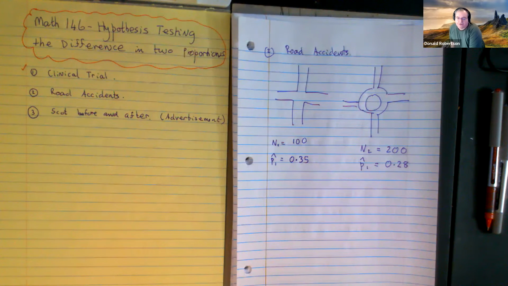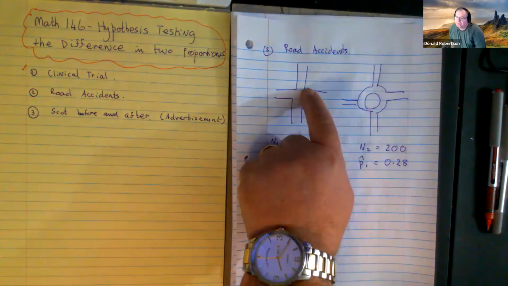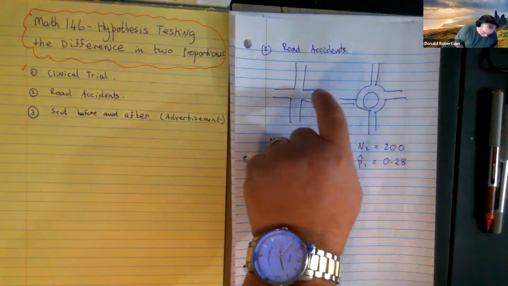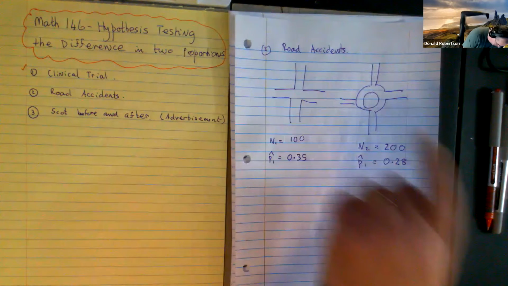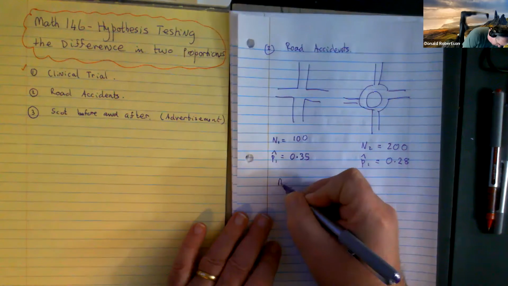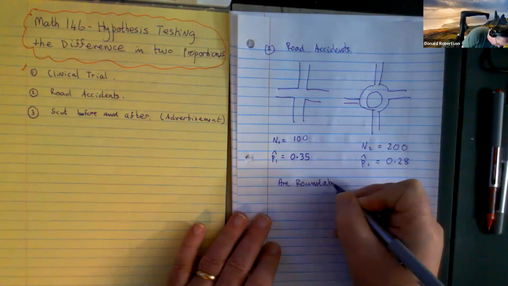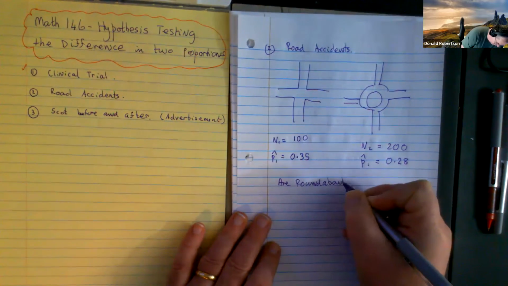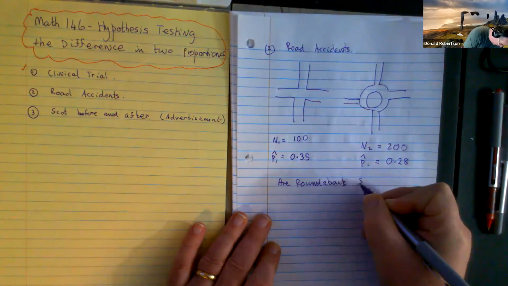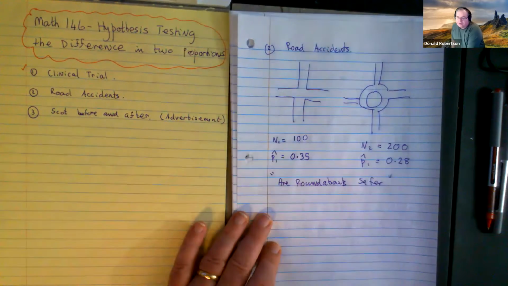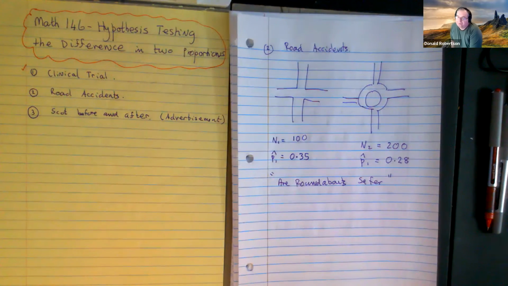So they are interested in comparing these two. We want to find out essentially: are roundabouts safer? Is there enough evidence to prove that roundabouts are safer?